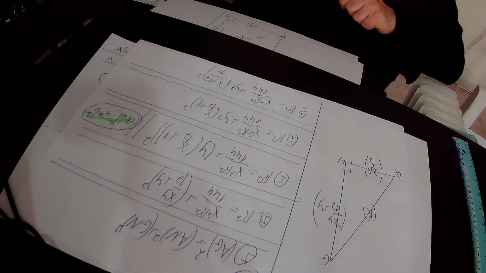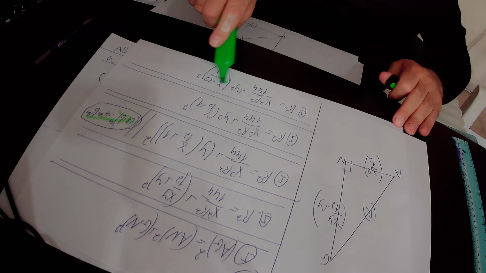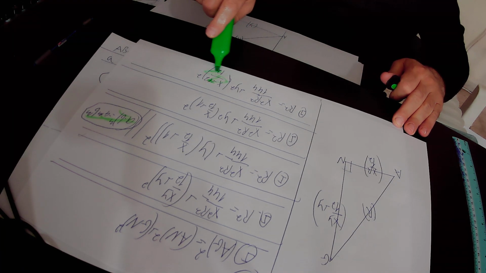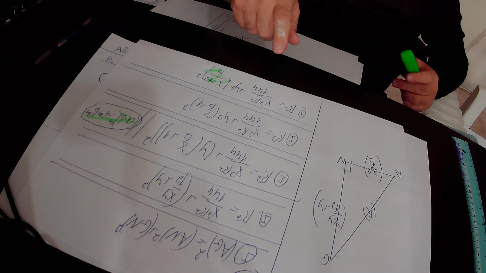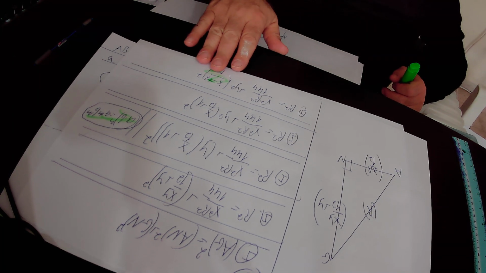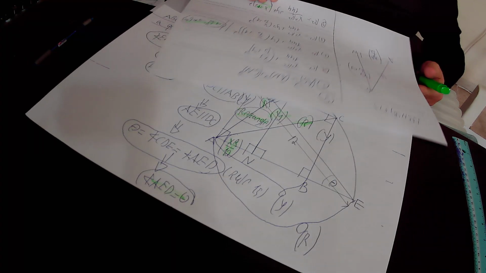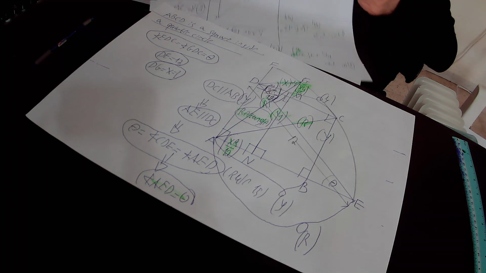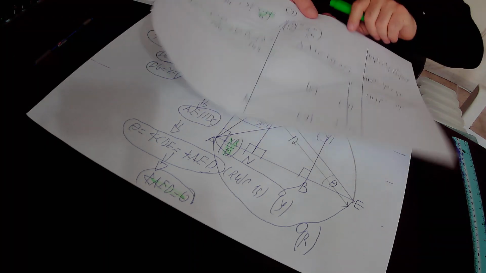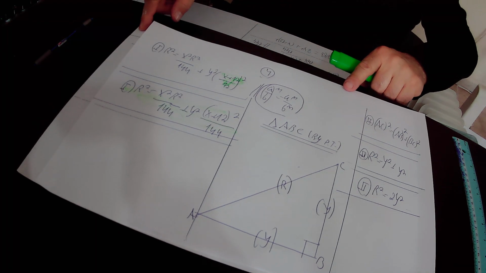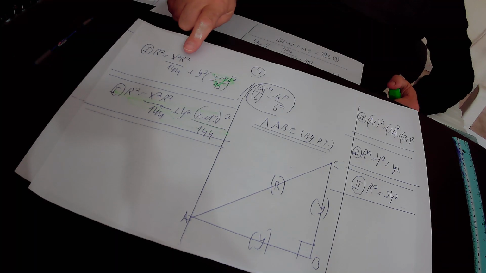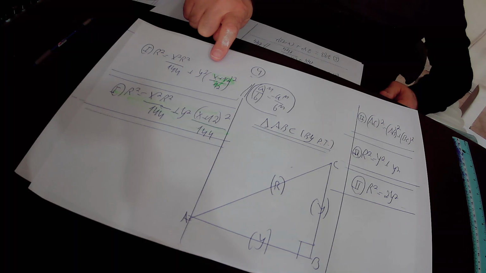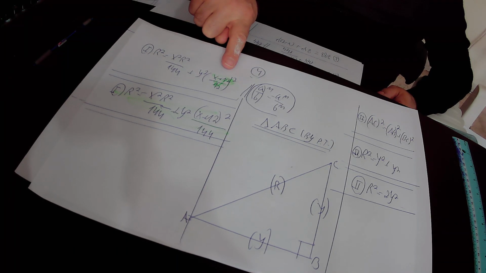I copied equation 1 onto a new page. According to equation 1, r squared equals x squared times r squared over 144 plus y squared times (x plus 12) over 12 squared.